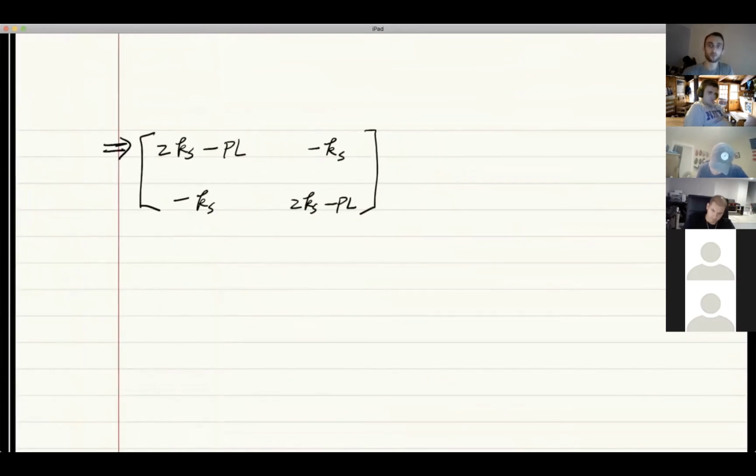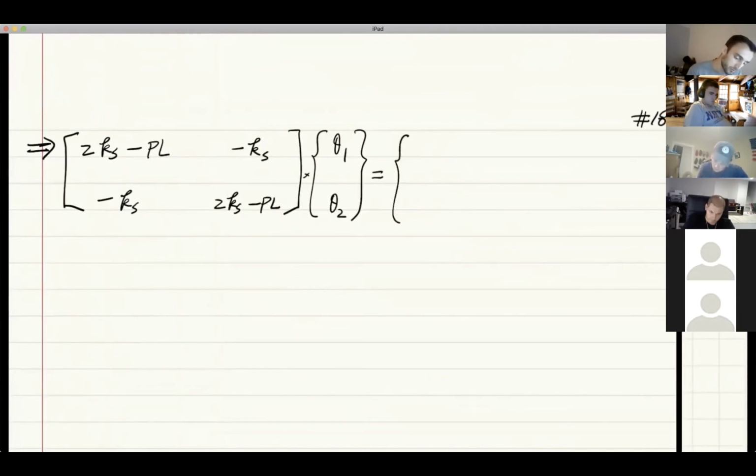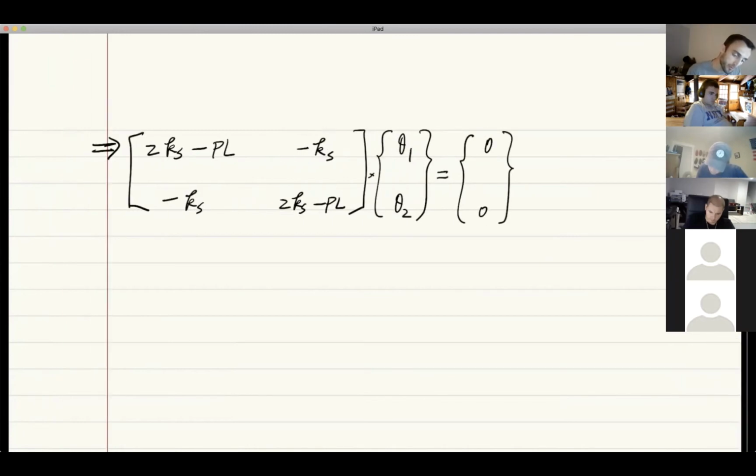The whole thing times a vector, which is theta 1 and theta 2, equals a 0 vector, 0 here and 0 here. This is the matrix form for equations 1 and 2, right? Okay.